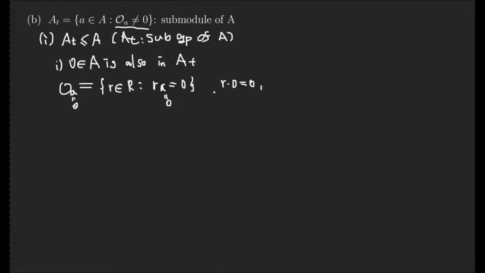The element r is not unique to 0. This means O_0 is not the zero set. So 0 is an element in AT.